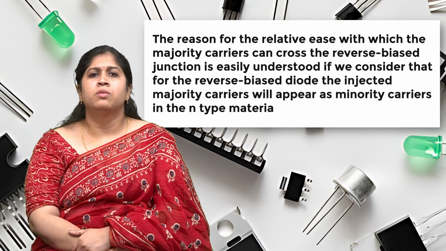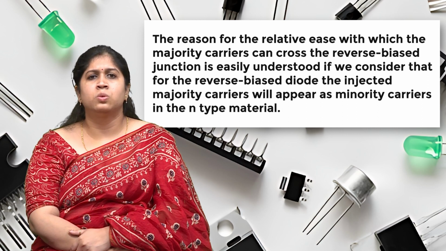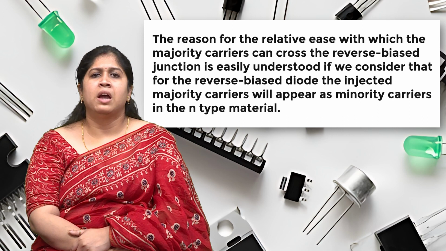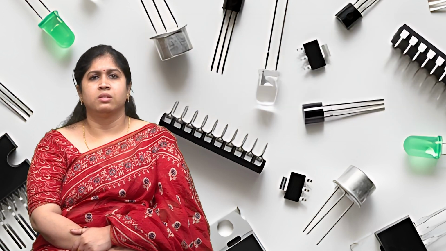The reason majority carriers can cross the reverse biased junction is easily understood if we consider that for the reverse biased diode, the injected majority carriers will appear as minority carriers in the N-type material.